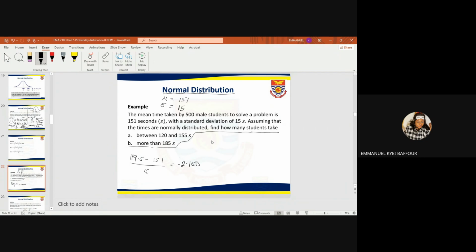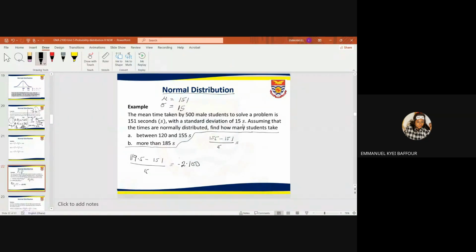So we are going to get 155 minus 151 divided by 15.